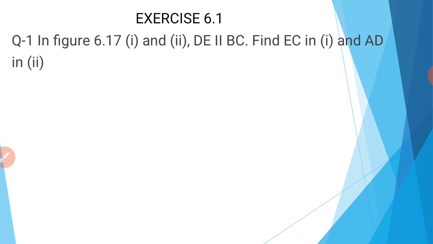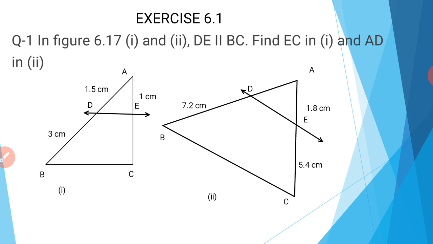Exercise 6.1, question 1. In figure 6.17, parts 1 and 2, DE is parallel to BC. Find EC in figure 1 and AD in figure 2. In figure number 1, AD is 1.5 cm, DB is 3 cm, AE is 1 cm, and EC is to be found.